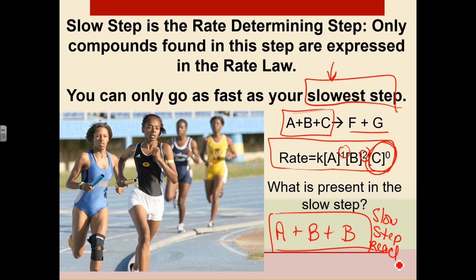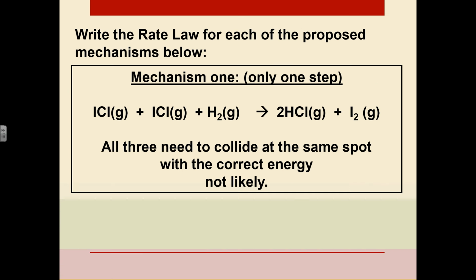So whatever the order is, that's how many of that component are present as reactants in the slow step of the reaction mechanism.